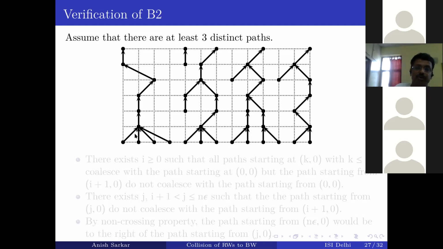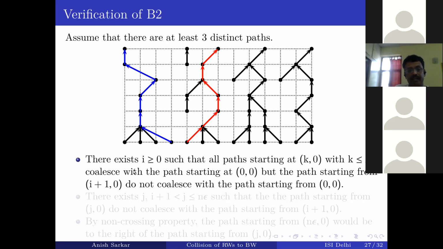So we have three paths here in this scale. That would mean that if you look at the path from the origin, and then the next path, and the next one, until I get a situation where this path and this path do not coalesce, there exists an i such that the blue path and the i plus 1, the red path, do not coalesce.